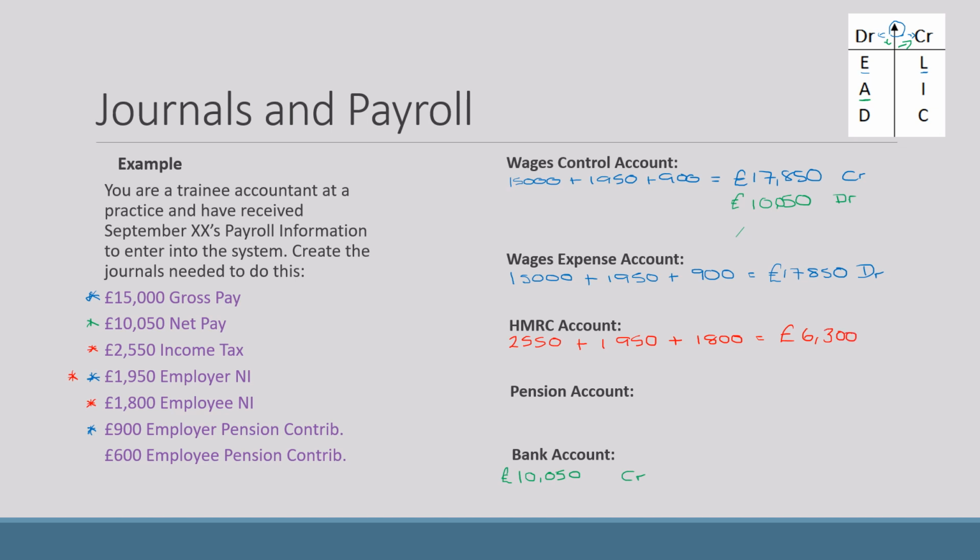So because this is our liability account, we're increasing the account, therefore it will be a credit. And our other side to that is going to be our debit into our wages control account.